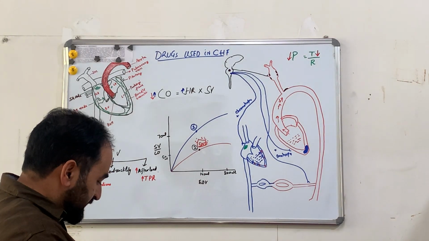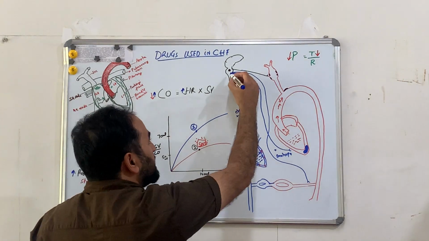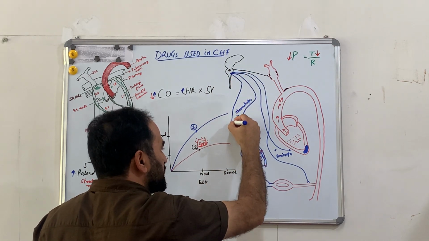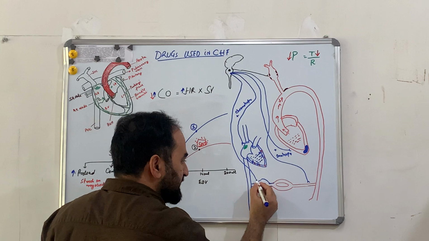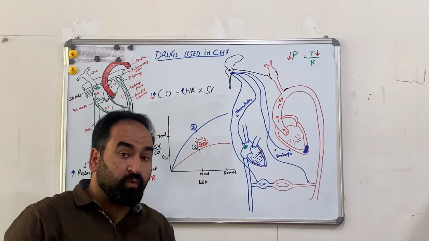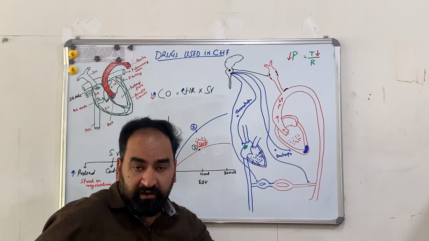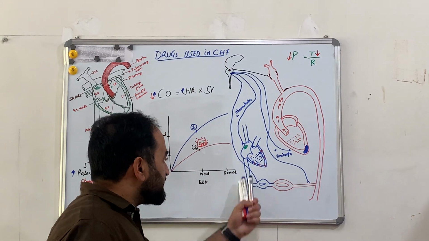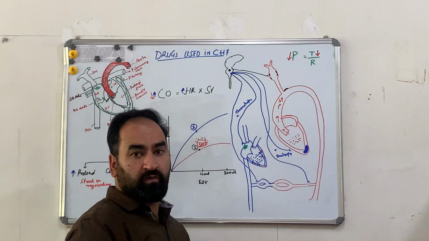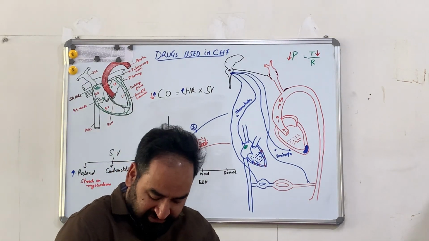Now, let me tell you one more thing. One of the branches of the sympathetic nervous system goes to the venous side and causes venoconstriction. Venoconstriction increases the return towards the heart through the inferior vena cava, so it increases more blood. That increases the end diastolic volume, the preload, the stretch.